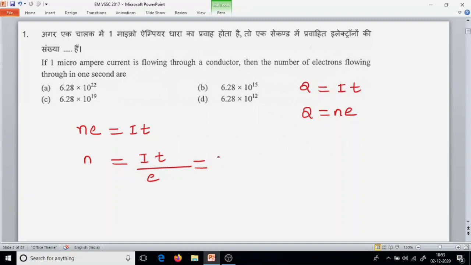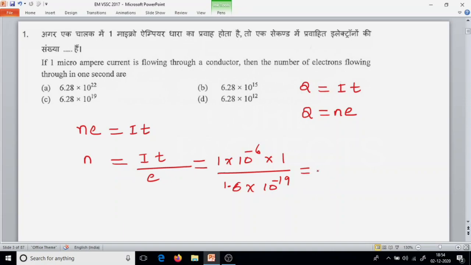What is I given? I given is 1 microampere, 1 into 10 to the power minus 6. T equal to 1 second. What is the charge of electron? 1.6 multiplied by 10 to the power minus 19.